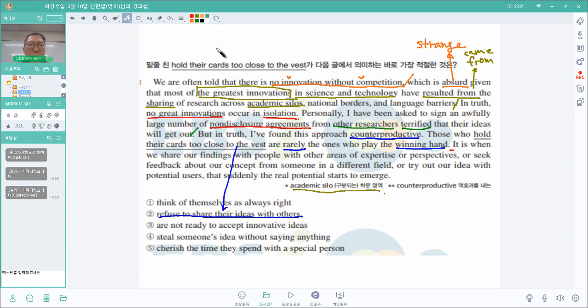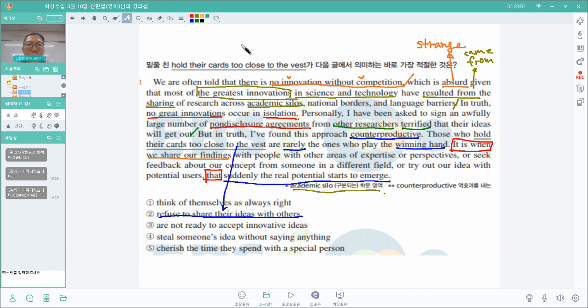It is only when... that... right? This is an emphasis technique. So only when we share our findings, suddenly the real potential starts to emerge. Only when we share our findings will we be able to have some kind of innovation.